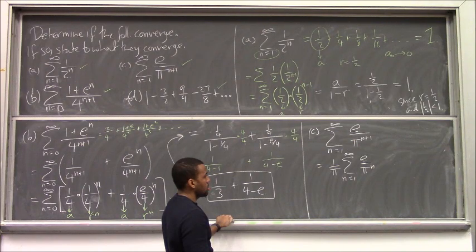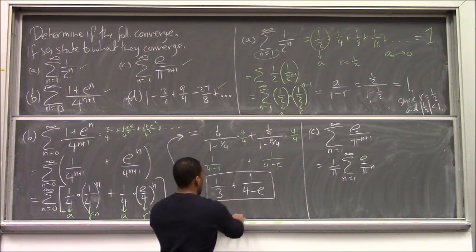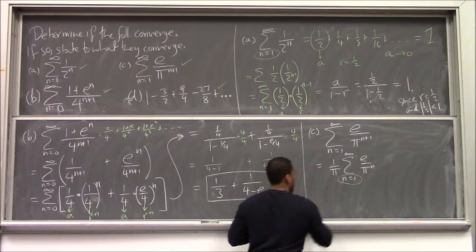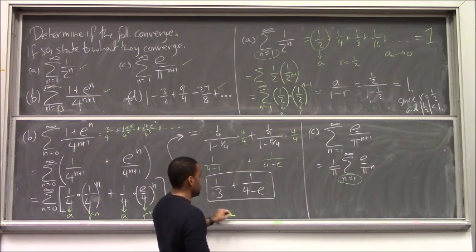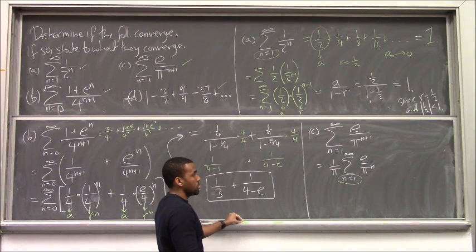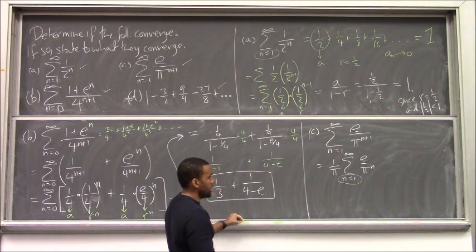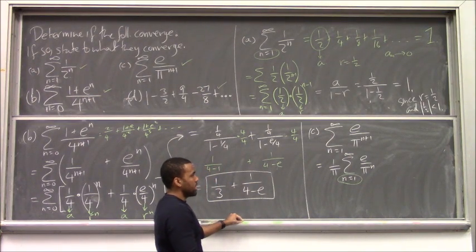I wasn't so sure if it was n or n minus 1. Well, we had n equals 1 here where we're starting. So what does the form need to look like? It should be n minus 1 in order for the first term to be n equals 1. You want to write things so that the power of r is n minus 1. How would I get an n minus 1 power?